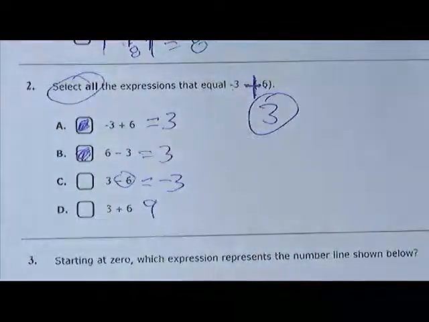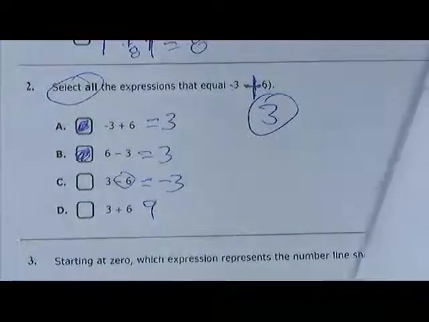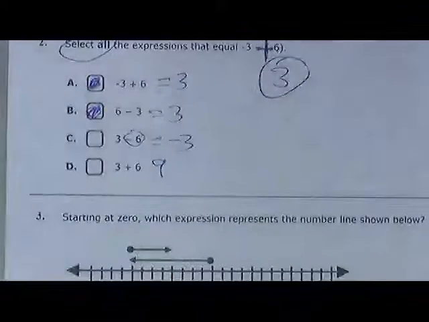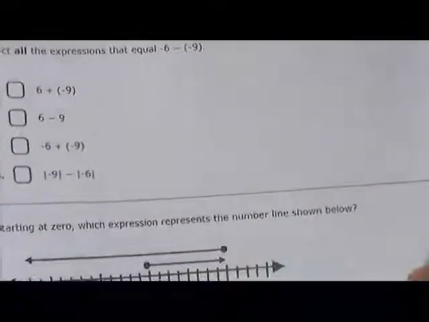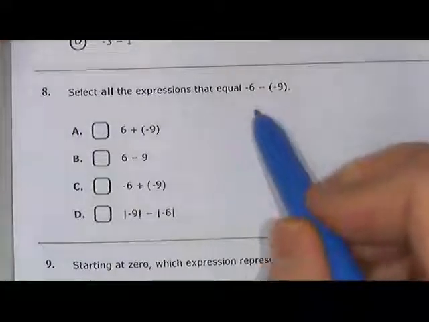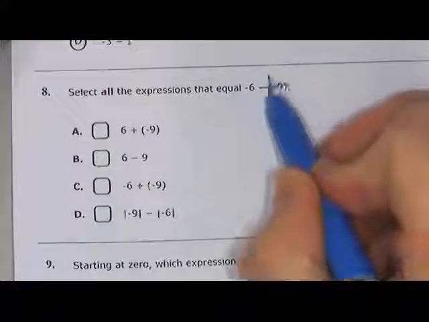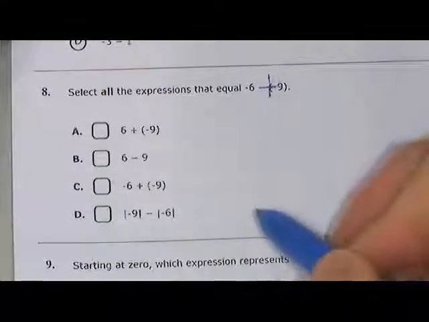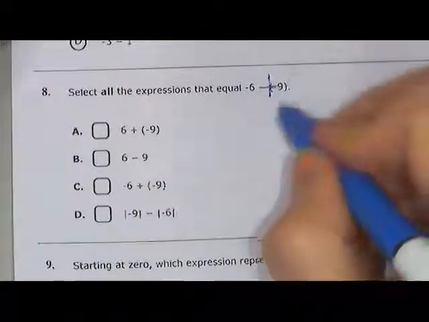Okay, let's look at another one. Okay, right here. Select all the expressions that equal this. So let's see, that's a big plus. There's nothing to do inside the parentheses. So 9 and -6, that makes 3.